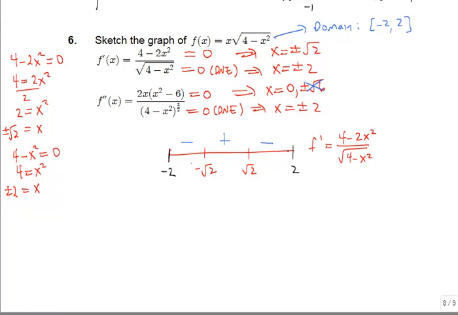Now let's go and do our number line for the second derivative. I'm going to do the same thing that I did before, use negative 2 and 2 as my starting and stopping points. And here's what my second derivative formula is.